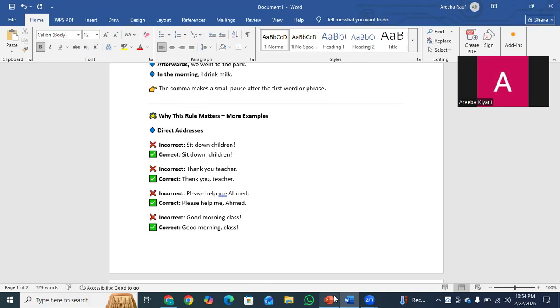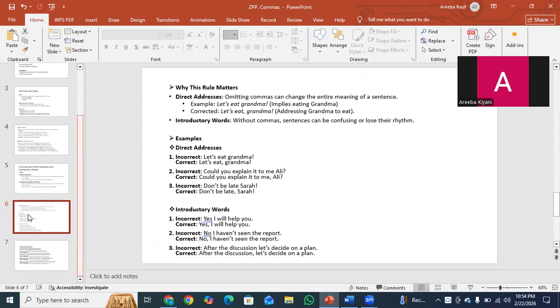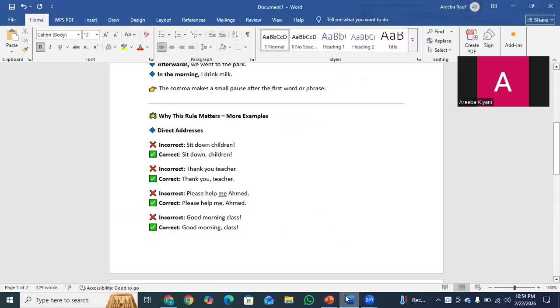Why do these rules matter? Sit down, children. We ask the children to sit down, so we put a comma after sit down and then comes children. Thank you, teacher. We say thank you to the teacher, so we put a comma after thank you and then teacher comes.